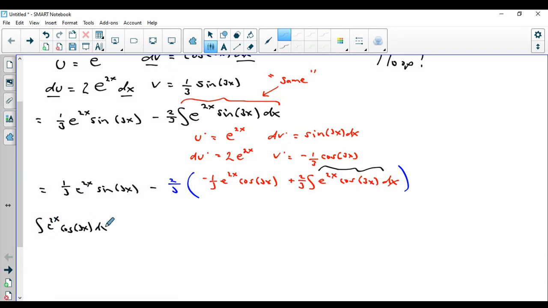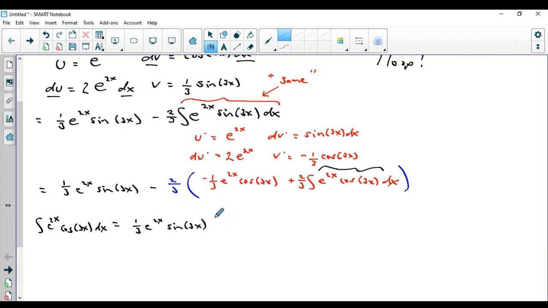That's what we started with. And doing this parts thing, we got all of this stuff. So I'm going to spruce this up and distribute this blue negative 2/3. So I have 1/3 e to the 2x sine of 3x.